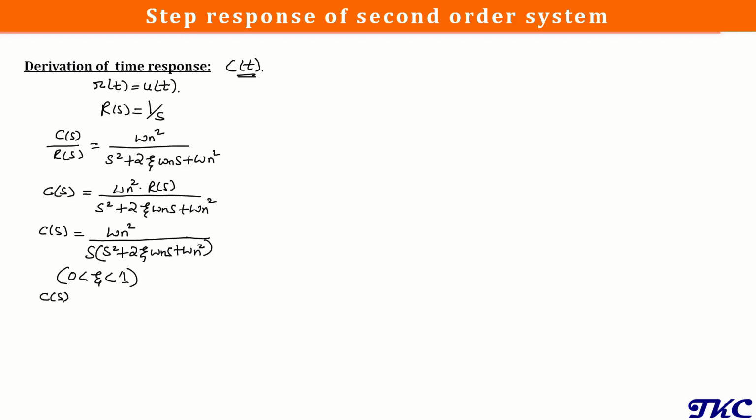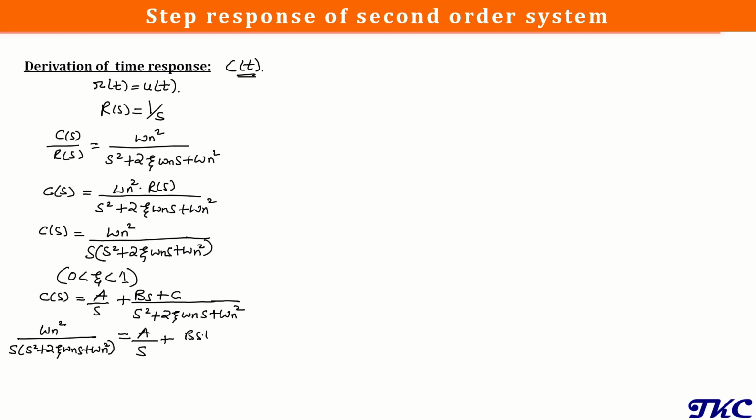We can rewrite this by applying partial fractions: A by S plus BS plus C divided by S square plus 2 zeta omega n s plus omega n square. So here we have C of S as this value, so we can substitute: omega n square divided by S into bracket S square plus 2 zeta omega n s plus omega n square will be equal to A by S plus BS plus C divided by S square plus 2 zeta omega n s plus omega n square.